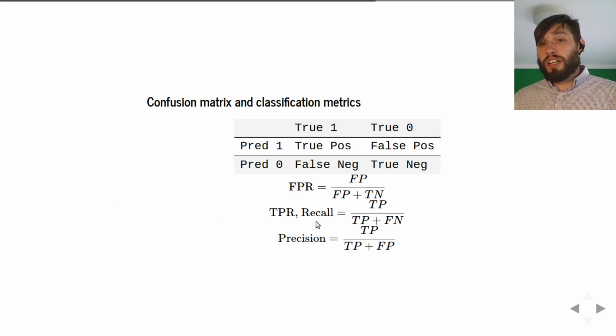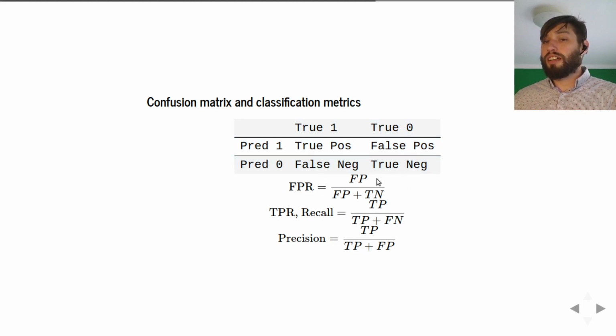Okay, so the false positive rate is the number of false positives divided by the number of false positives plus the true negatives.